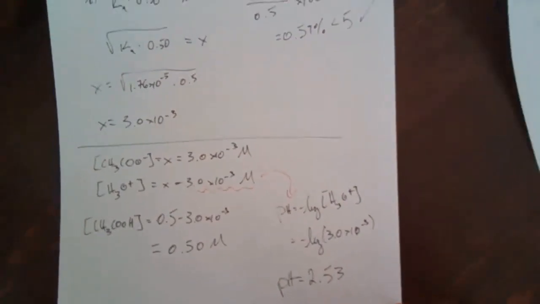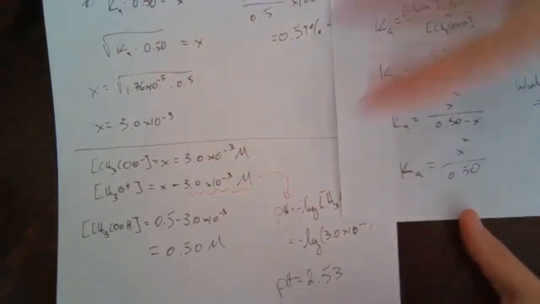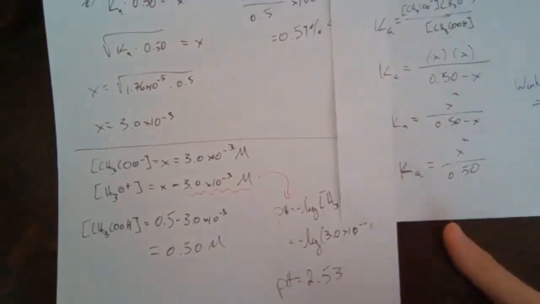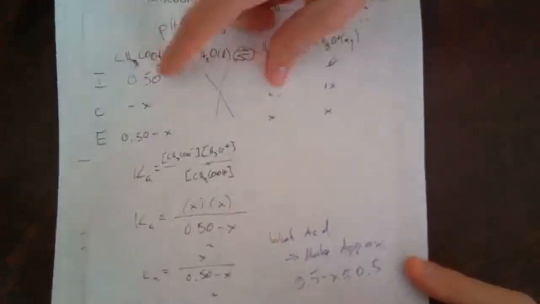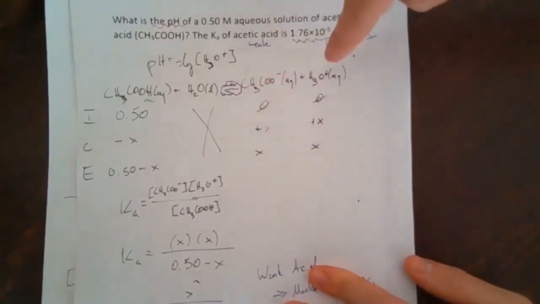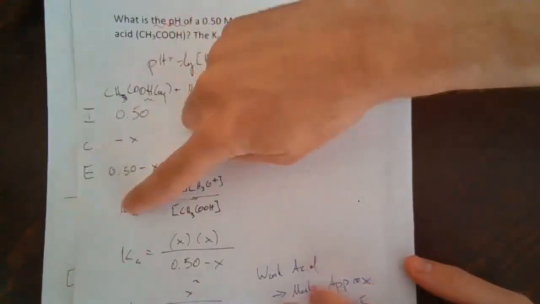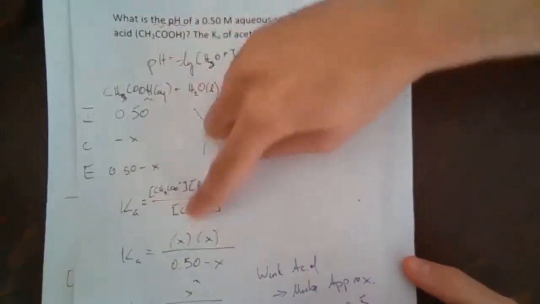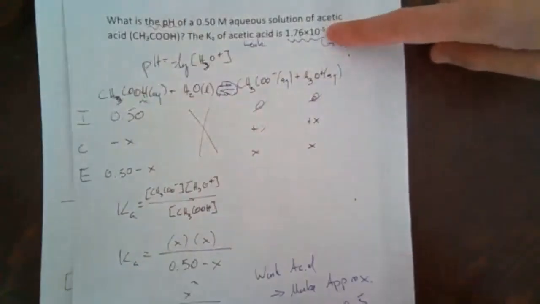Whenever you are trying to determine the pH of a weak acid solution, you will always need to use an ice table to go through this process. It's almost always going to follow this exact same process because the reaction is always the same: the acid reacting with water to make its conjugate base and hydronium. The equilibrium constant always has the same format because it's the same reaction.